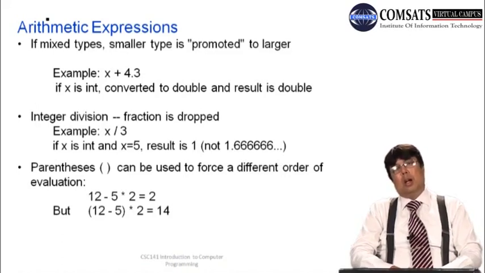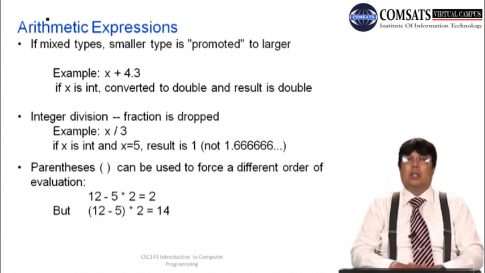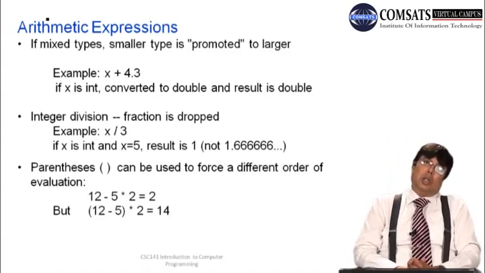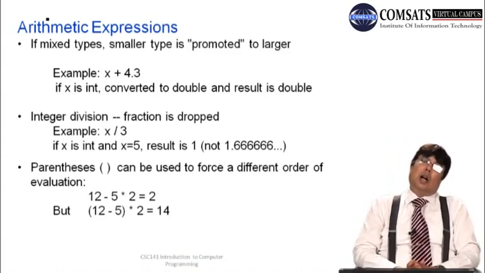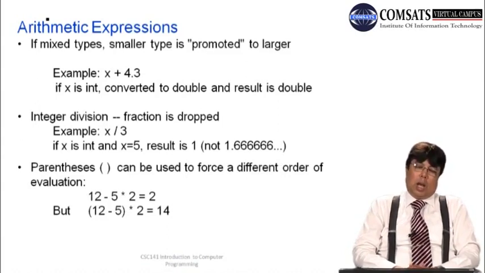The fraction part will be dropped, because you are dividing x with 3, so basically the system will pick up integer division. So integer division का answer integer में आना चाहिए. Okay, so the answer will be equal to, क्या आंसर आएगा?